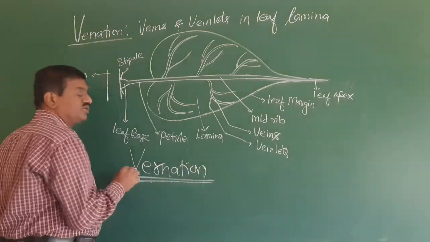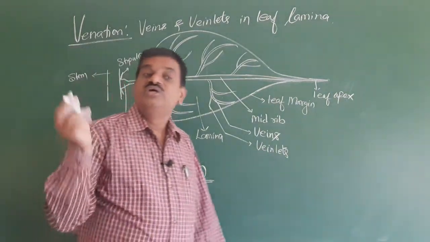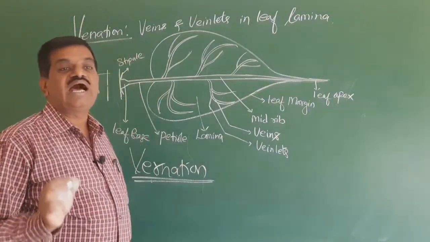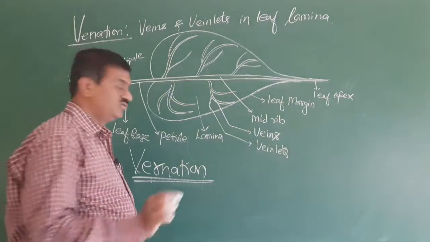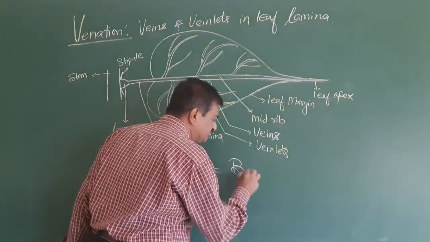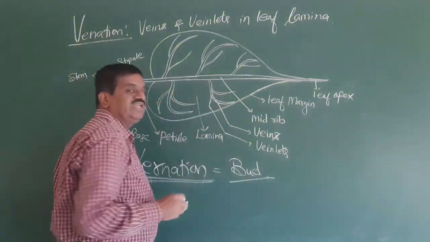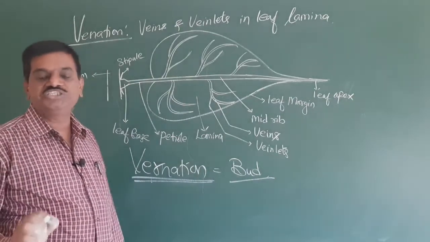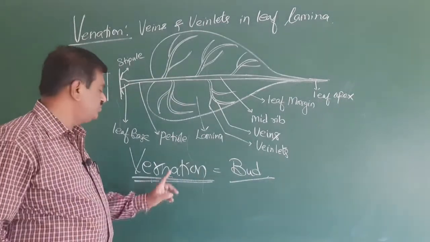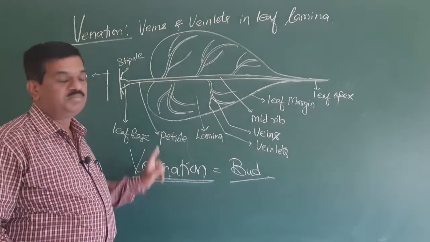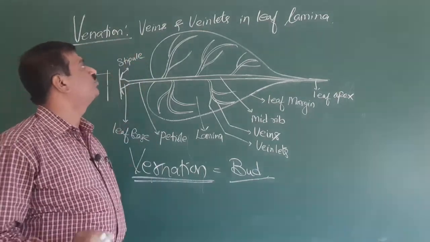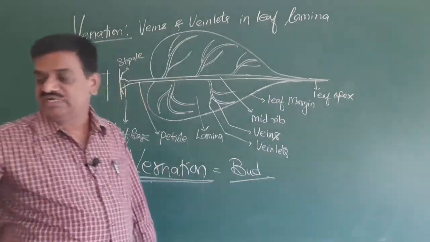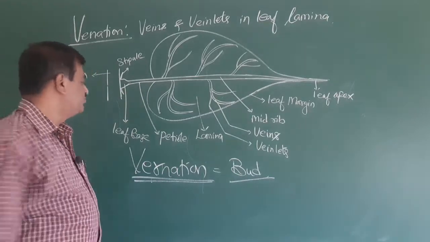So it leads to confusion, just be careful. Vernation is the arrangement of leaves in a bud condition. So when there is a bud condition, the arrangement of leaves is called vernation. But venation is the arrangement of veins and veinlets in a leaf lamina.